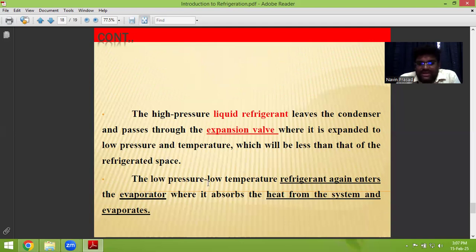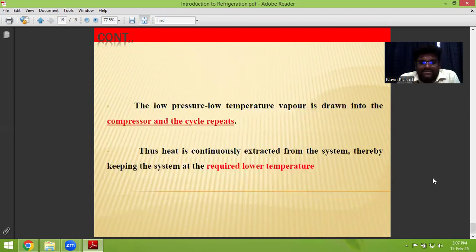The low pressure, low temperature refrigerant again enters the evaporator, where it absorbs heat from the system and evaporates. The low pressure, low temperature vapor is drawn into the compressor, and the cycle is repeated. Thus the heat is continuously removed by the refrigerator, keeping the system at the required lower temperature.